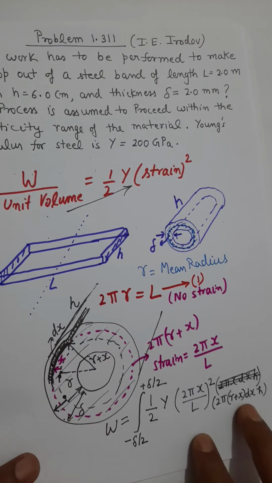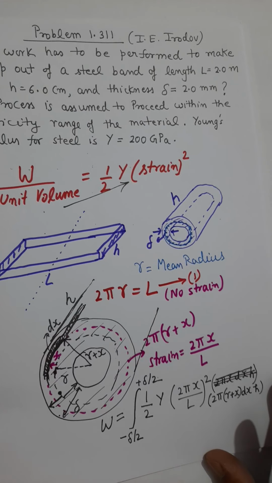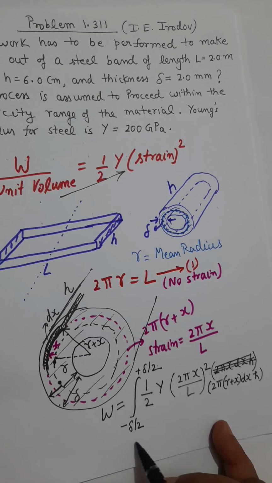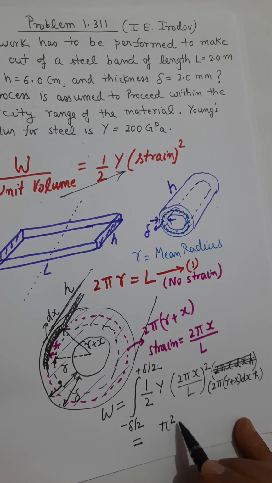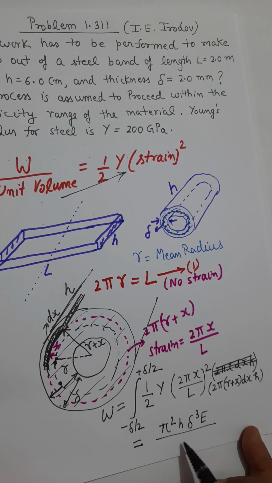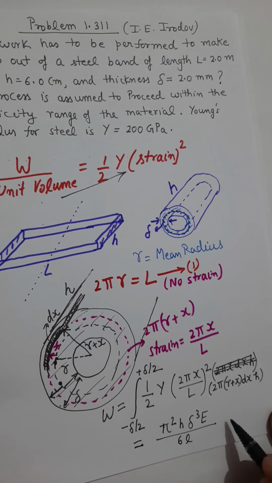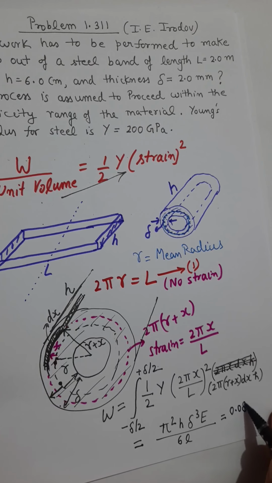If you neglect that factor, then your answer will be pi square h delta cube E over 6 times L. And if you put the numbers in this, you get a numeric answer which is 0.08 kilojoule.